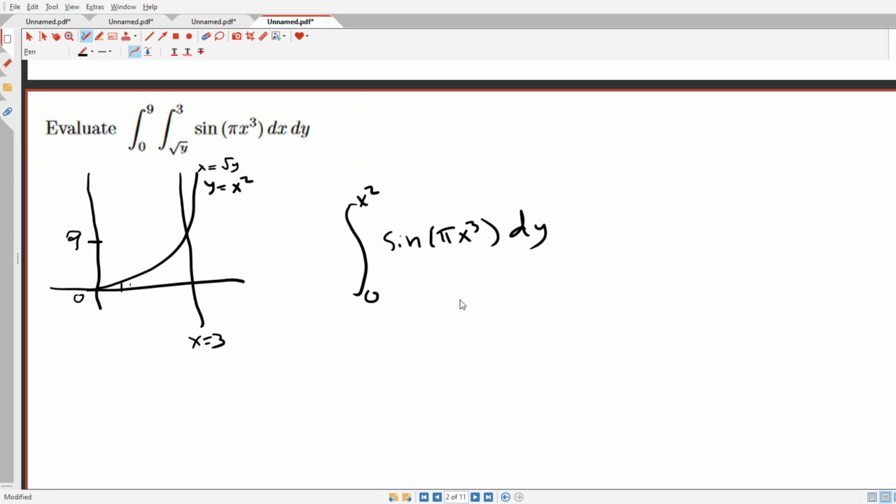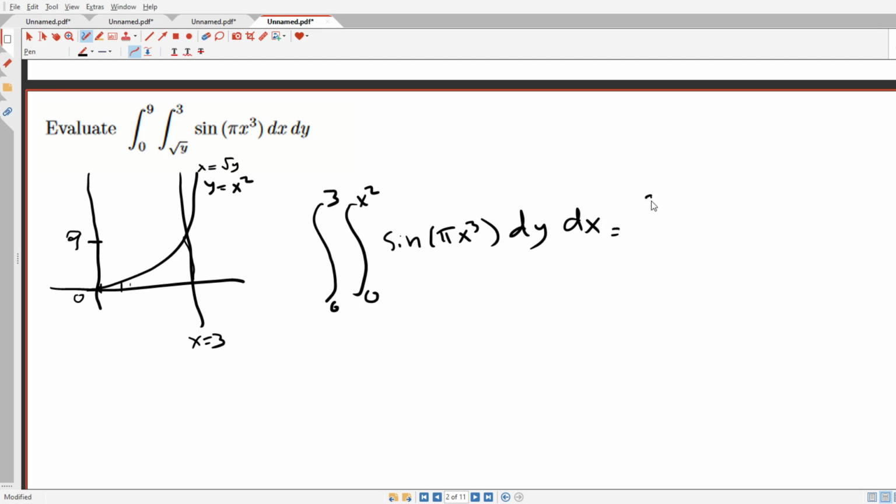But now we're integrating with respect to y, and then I want to integrate that from 0 up to x equals 3, dx. Okay, so this doesn't depend on y. I can factor it out. It's a constant. So this becomes the integral from 0 to 3 of sine pi x cubed, integral from 0 to x squared dy, dx.